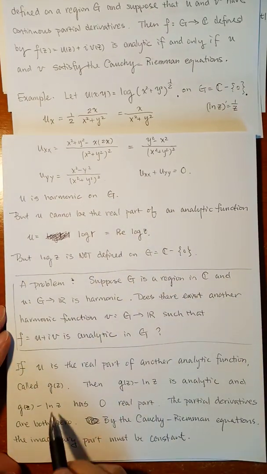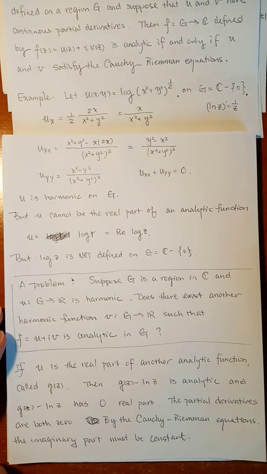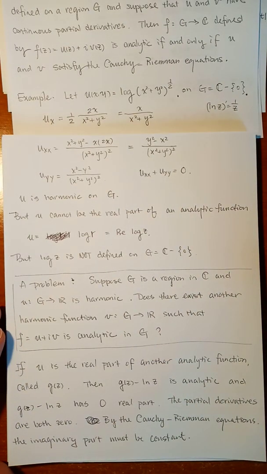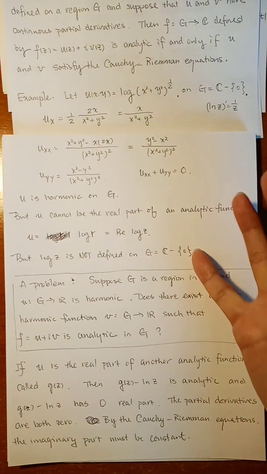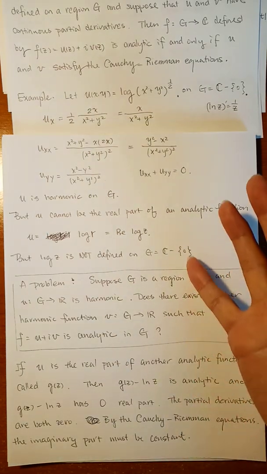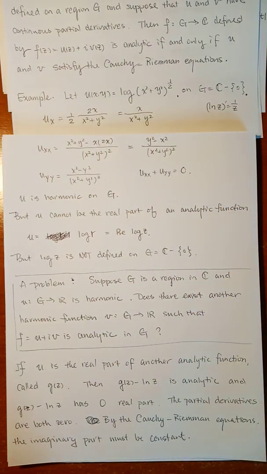Again, you're back to the natural log function. If the imaginary part is constant, it's a logarithmic function plus a constant. The logarithmic function cannot be defined over this region, and a logarithmic function plus a constant cannot be defined over this region either.